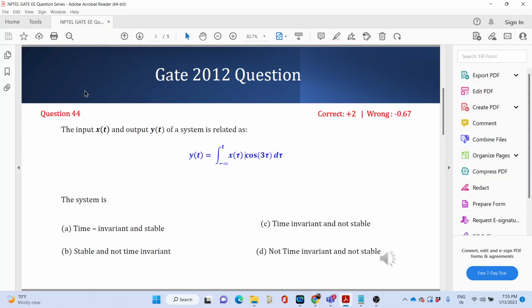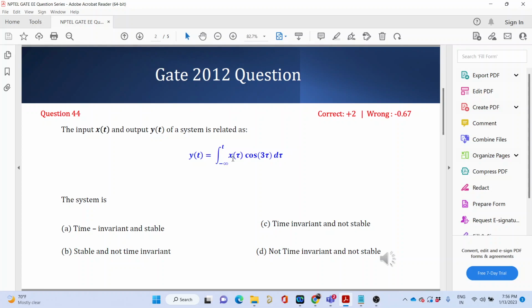Yes, I have asked you to replace x of tau with cos of 3 tau and do the integration. Simple class 12 mathematics I am asking you to do. What are you getting? Yes, sir, I'm trying to calculate. You can do that mentally.